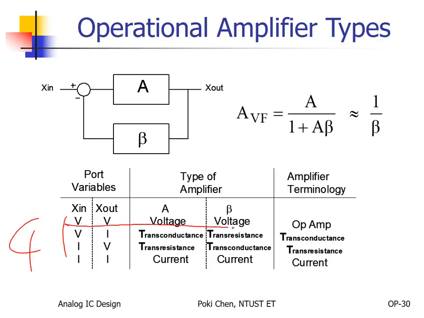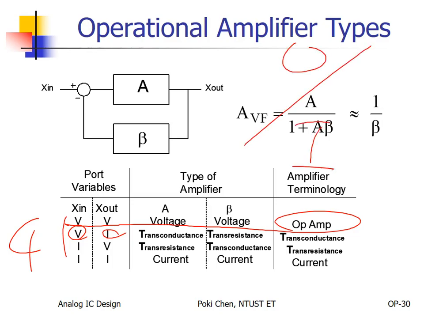That is the original typical op-amp. But if the input is voltage, output is current, we call it what? Just conductance. Again, according to circuit theory, we put output over input. So right now, the output is I, and input is V. That is the reverse of resistor.